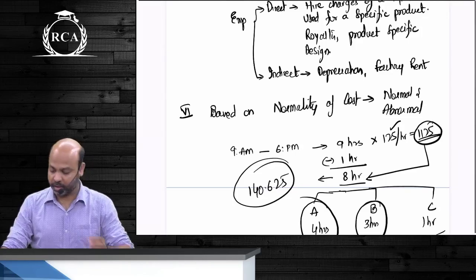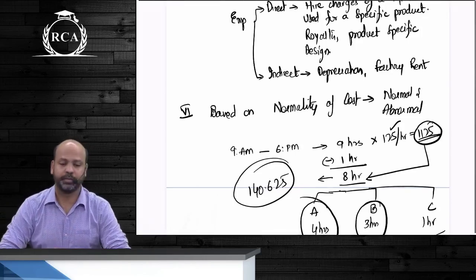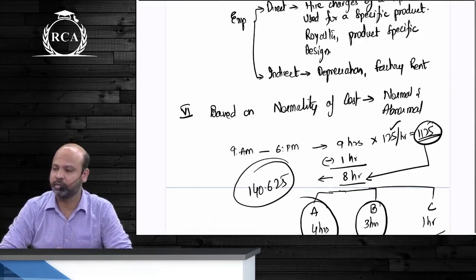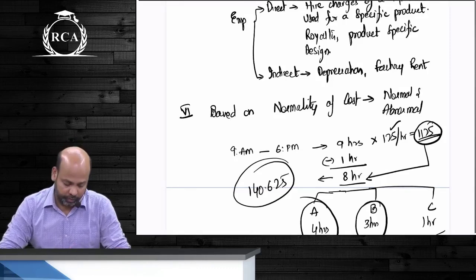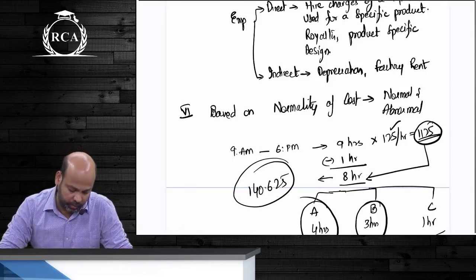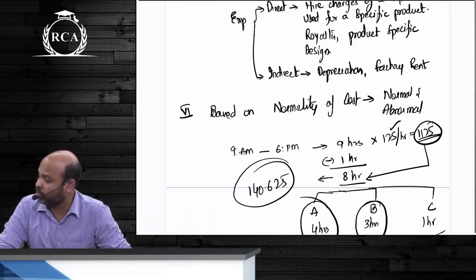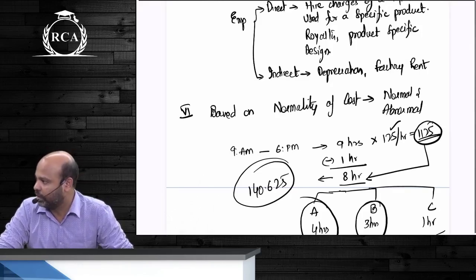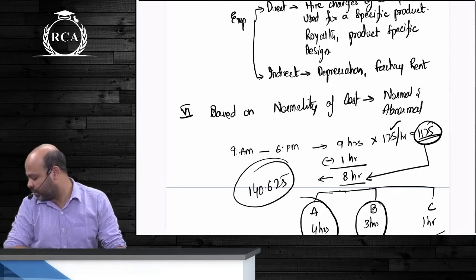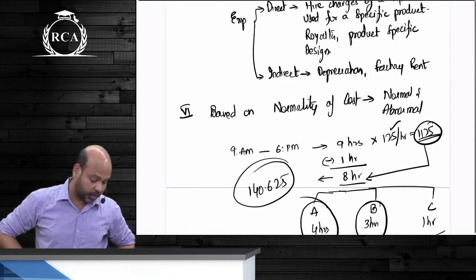Normal expenses are on account of the nature of the production process or the nature of the product.